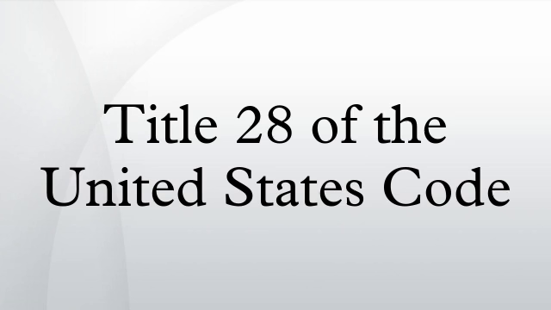Removal of cases from state courts. Chapter 90, omitted. Chapter 91, United States Court of Federal Claims. Chapter 93, repealed. Chapter 95, Court of International Trade. Chapter 97, Jurisdictional Immunities of Foreign States. Chapter 99, General Provisions.